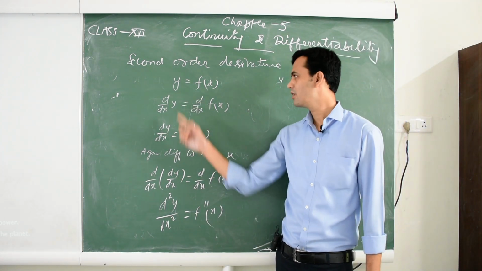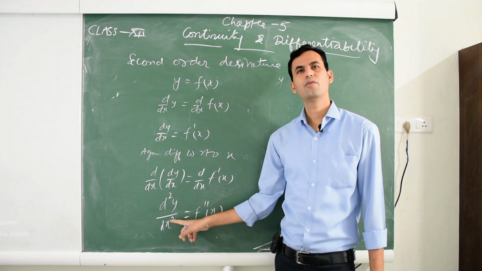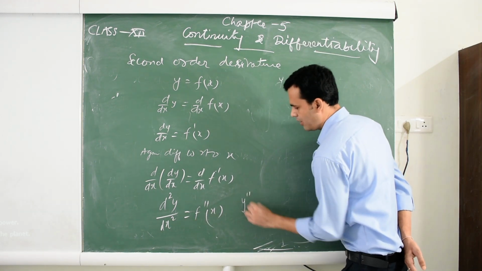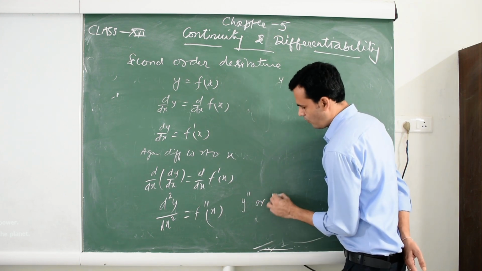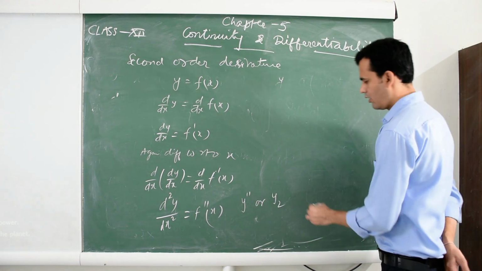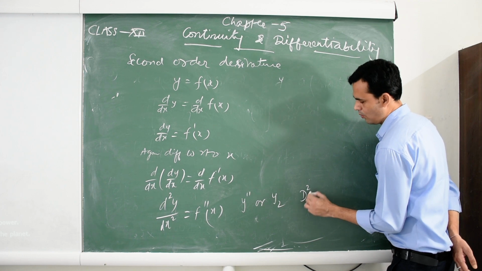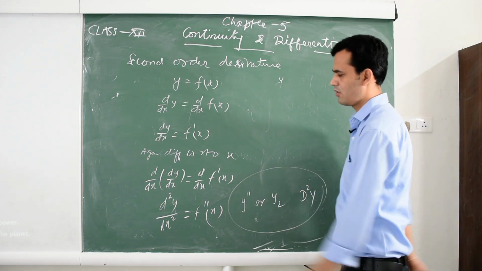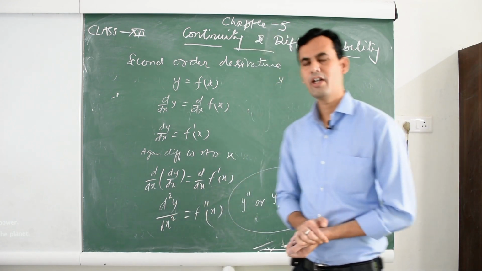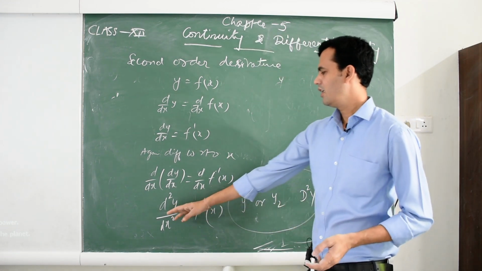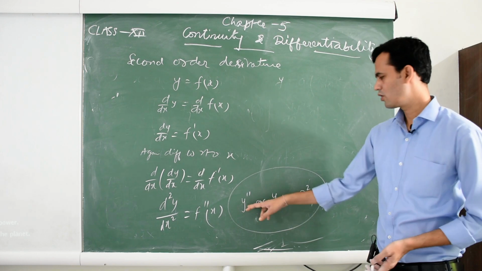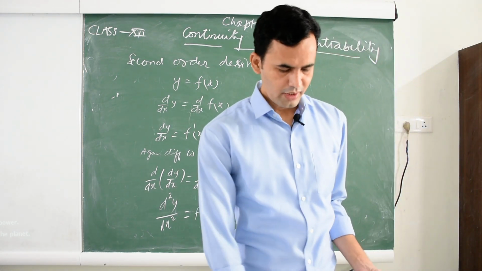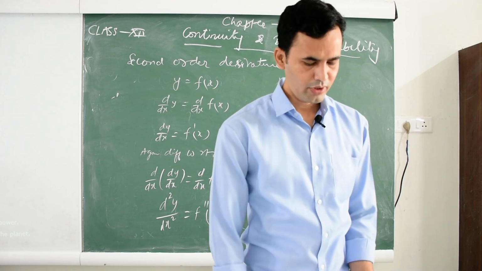We differentiate this function two times, so we get the second order derivative. This is also written as y double dash, or y2, or d2y. In these ways we write d square y upon dx square, but generally we take this or this. Okay, so this is all about the theory of exercise 5.7.